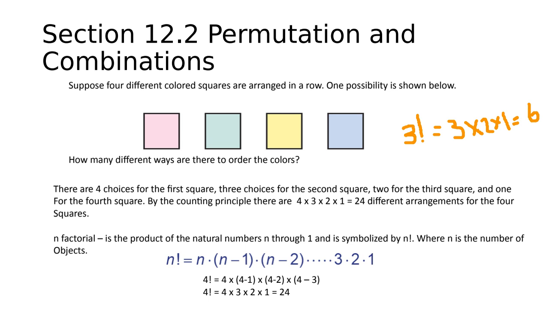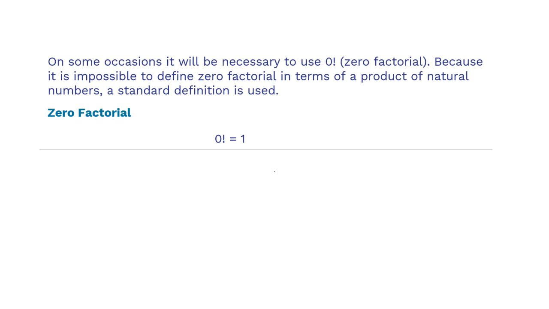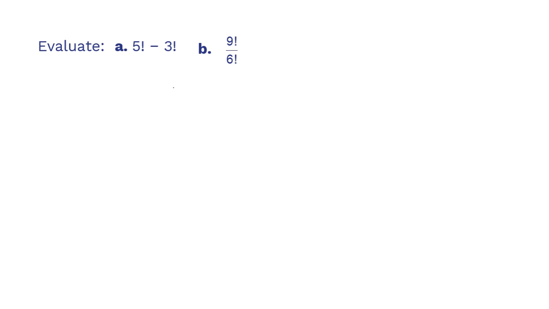So that's how n factorial works. And one of the things that might end up happening in some of these problems is that we'll end up with 0 factorial. And so we define it to be 1. So if you ever see 0 factorial, we replace that with 1, or it's equal to 1.